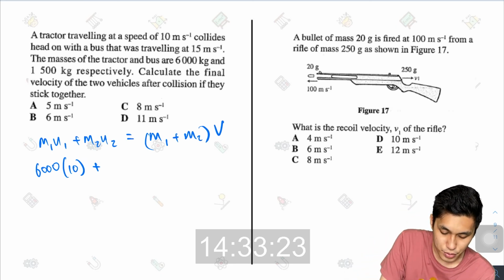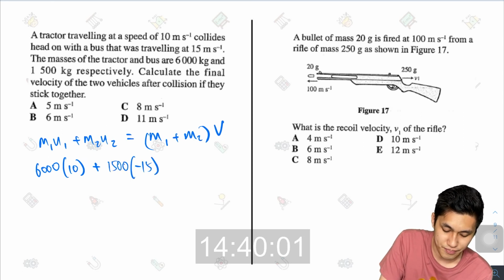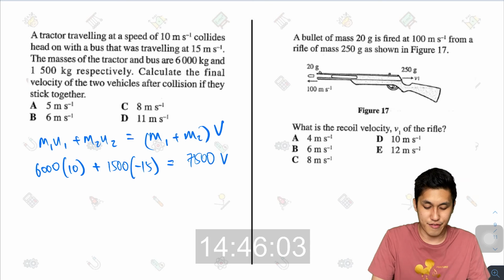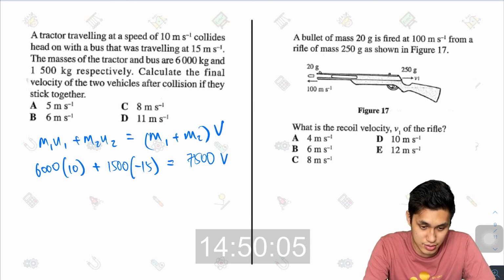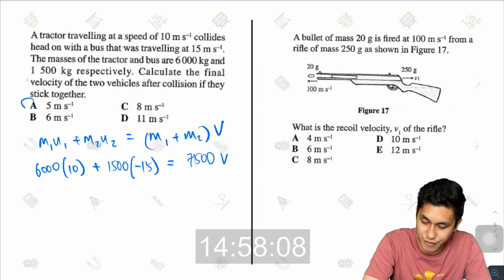So I'm going to put the mass of the bus as 1500, but the velocity as negative 15. This is equal to the total mass of 7500 multiplied by the final velocity. So 6000 times 10 minus 1500 times 15, divided by 7500, and I'll get 5.